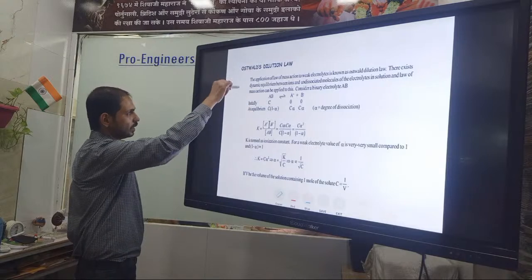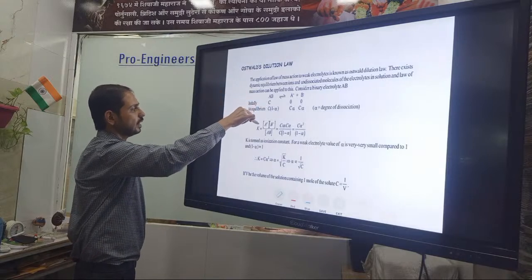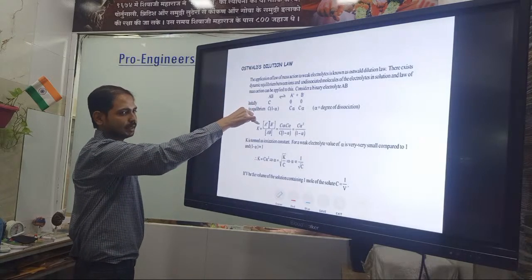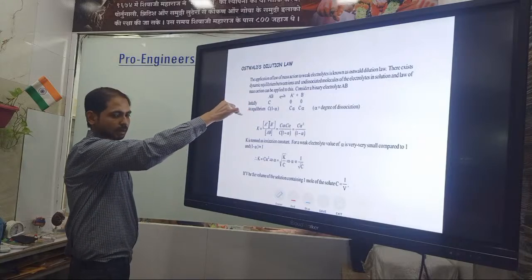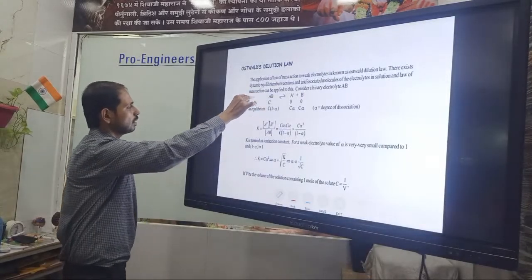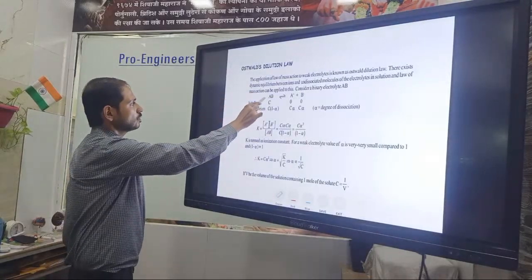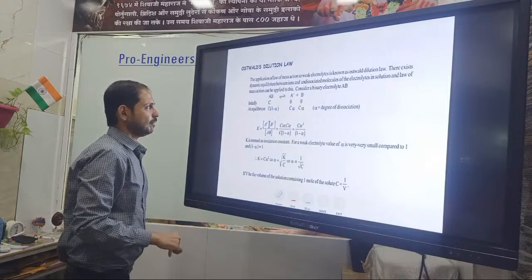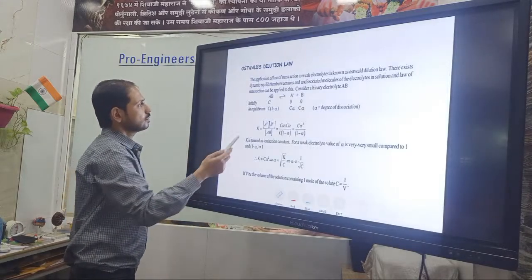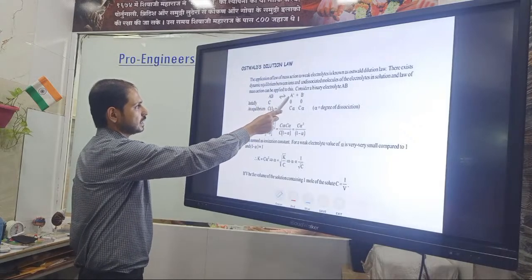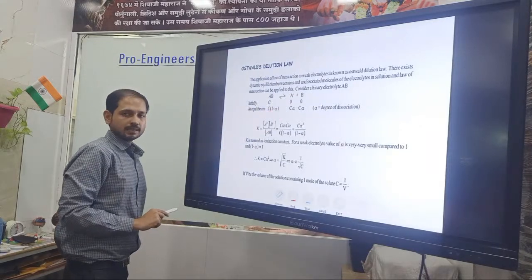Here we are basically going to use the concept of chemical equilibrium. This chemical equilibrium actually comes from the law of mass action, right? So suppose we consider here AB is a weak electrolyte. Now AB undergoes dissociation into A plus and B minus, right?